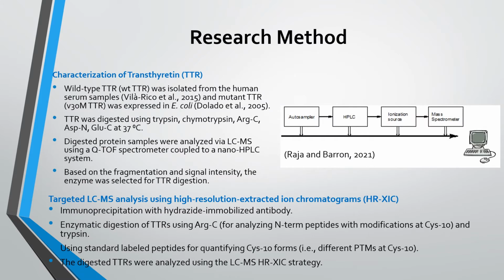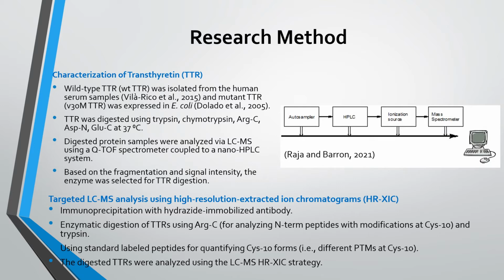The authors used two key LC-MS based proteomics techniques, namely intact protein analysis and high resolution extracted ion chromatograms, for their proteomic study. Firstly, they isolated wild-type transthyretin and amyloidogenic tetrameric protein from human serum samples, and expressed mutant human TTR in E. coli.